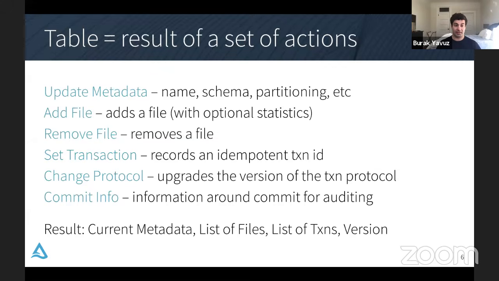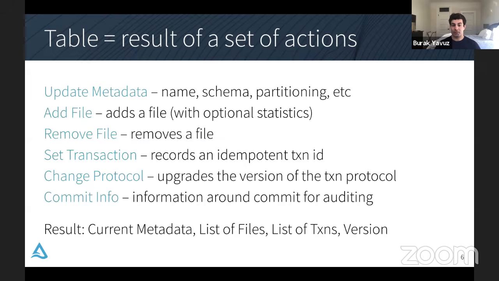It also contains the epoch ID or the batch ID of how many batches it has committed for that stream specifically. So by just using the set transaction action, we can say that this stream has committed up to batch 35. If it's trying to recommit batch 34, we can just say we already have that data. You don't need to commit that.